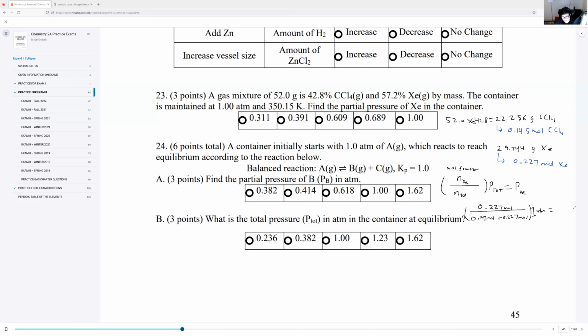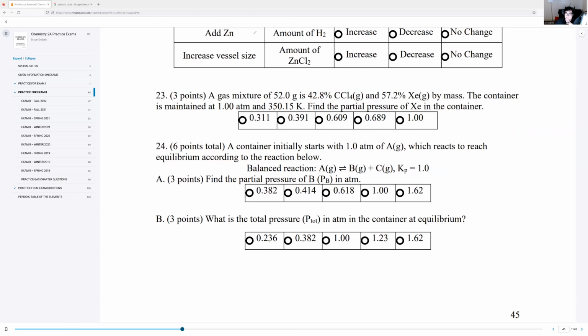This gives you 0.61 because I rounded. So it's going to be C. So for partial pressure, you just have to find the moles of each and take the mole fraction. Mole fraction is just the moles of one thing divided by everything added together.